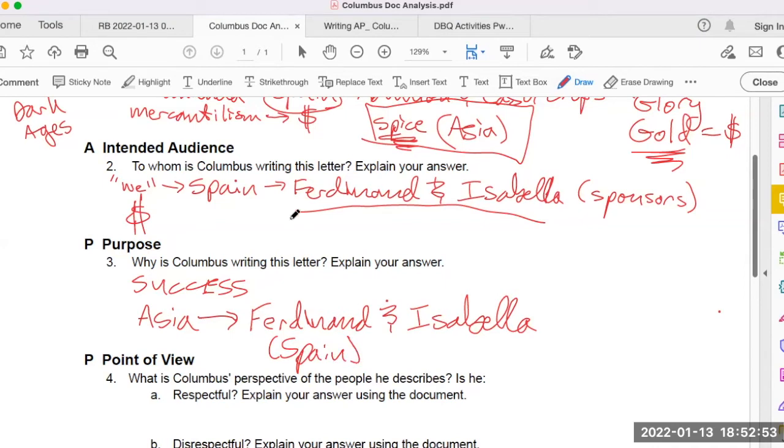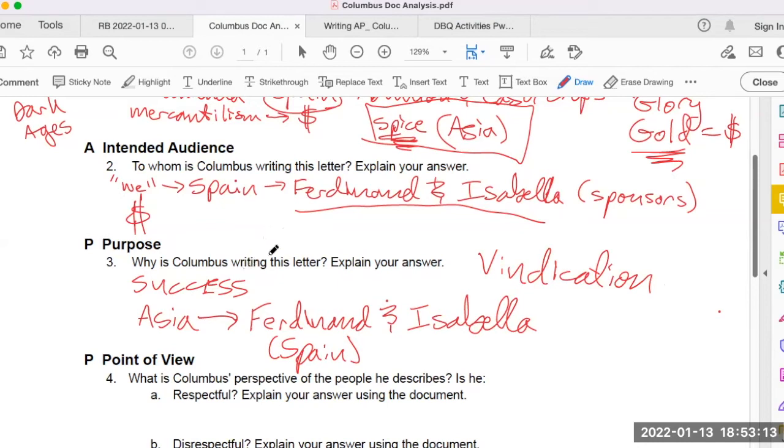Remember that everyone had told him that his way, going west, would not succeed, that he would not be able to use that to find a route to the spice trade. So he's going to see this as vindication, essentially proving that he was right.